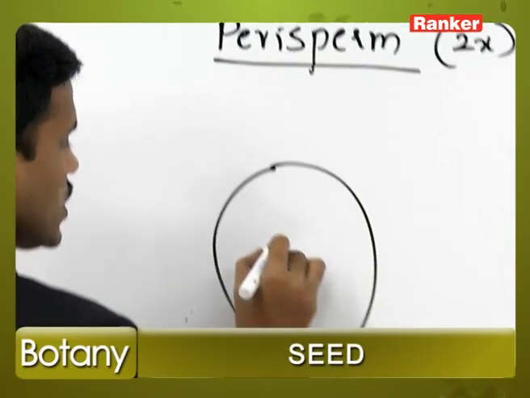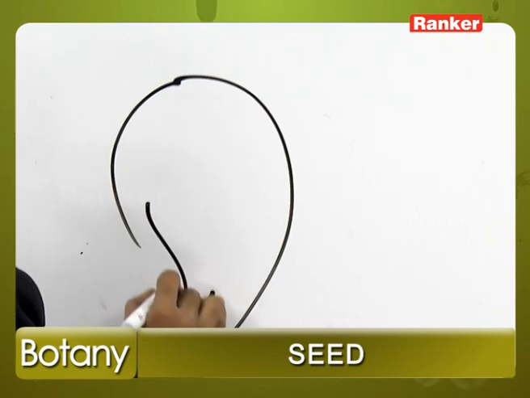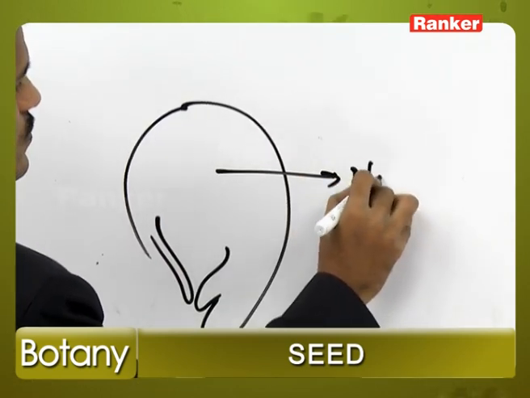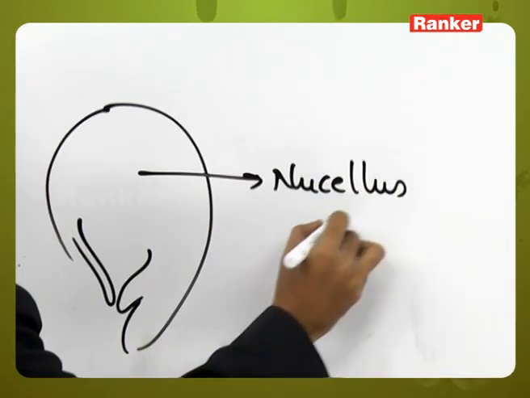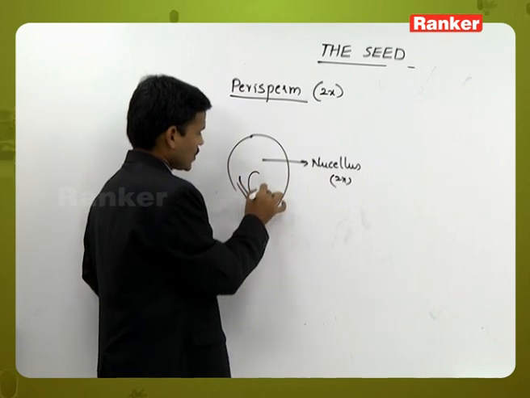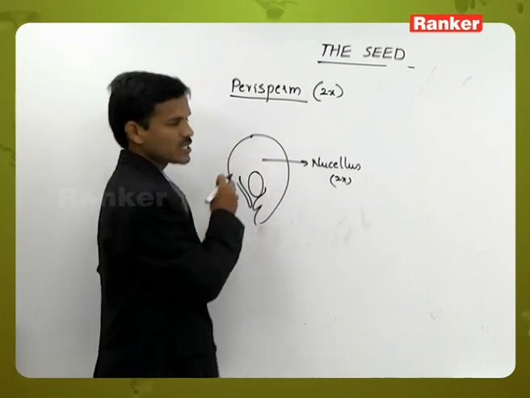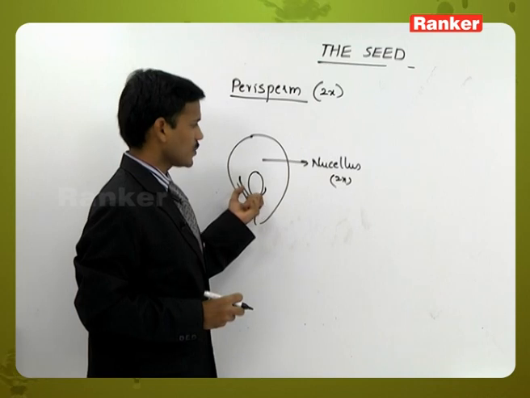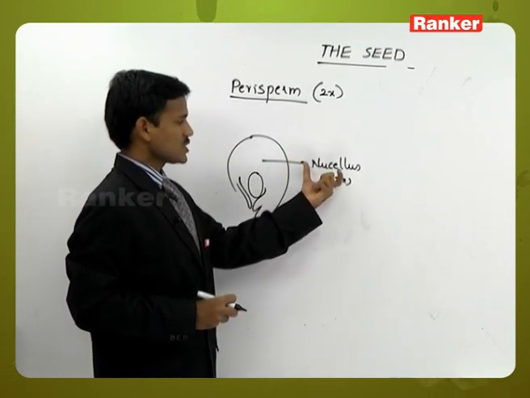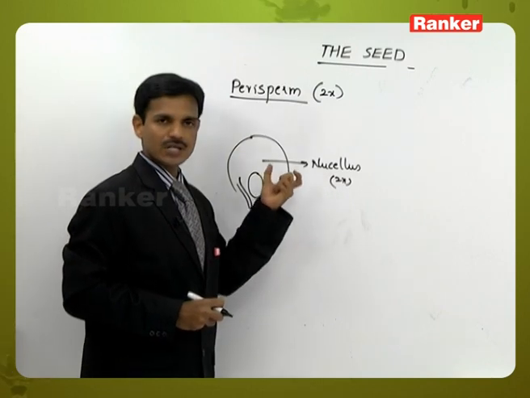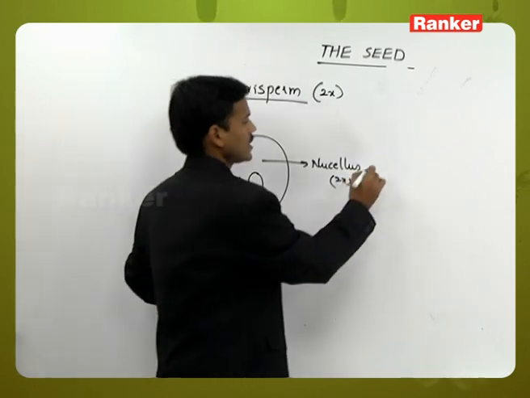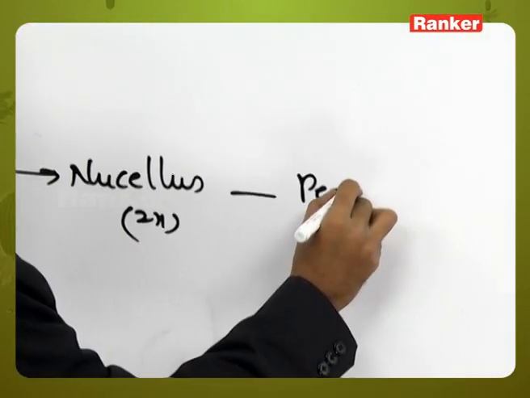In the ovule, the tissue is called nucellus tissue. Nucellus is diploid. During the development of the embryo, the nucellus tissue is utilized by the embryo, embryo sac and the seed. But sometimes the nucellus tissue remains. The remaining nucellus tissue is called perisperm.